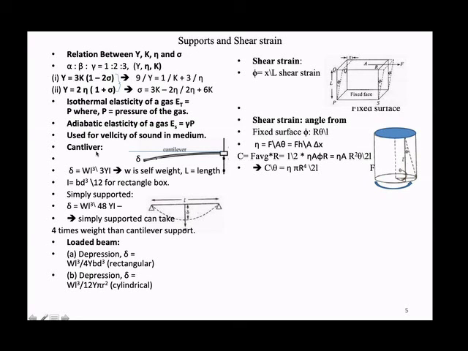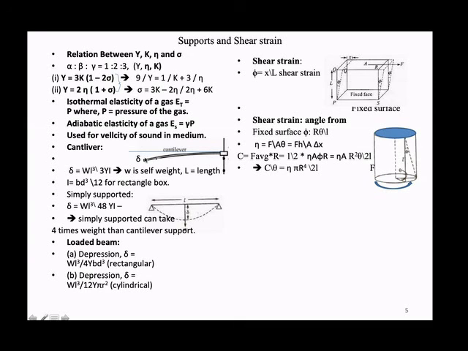Now let us see how a cantilever bends. This is a cantilever supported at one end. The weight of the cantilever acts at the CG. So the cantilever tries to bend because of its self weight.